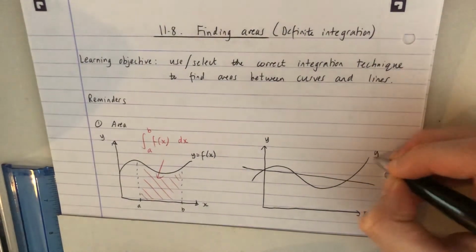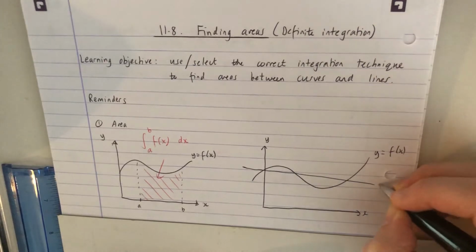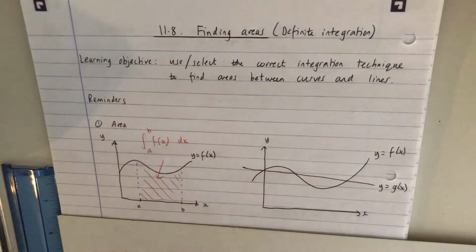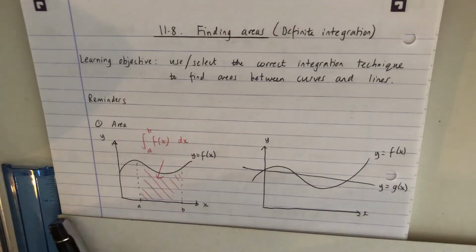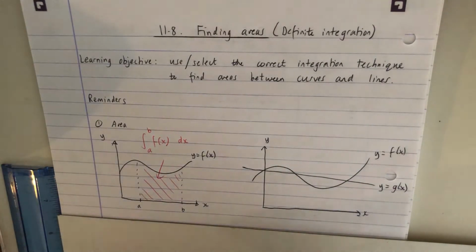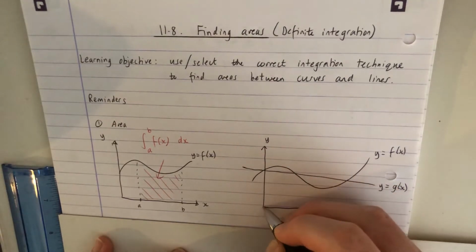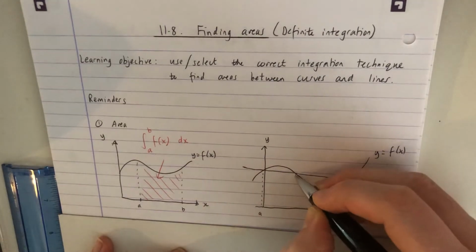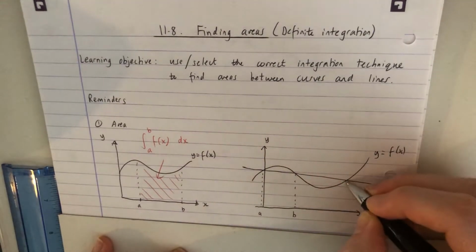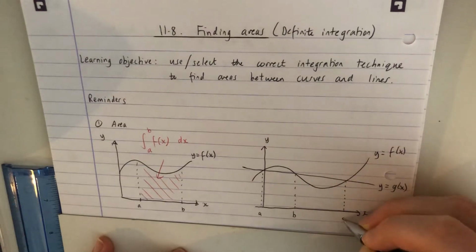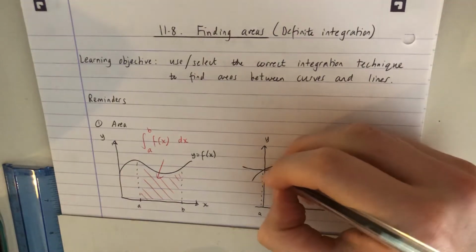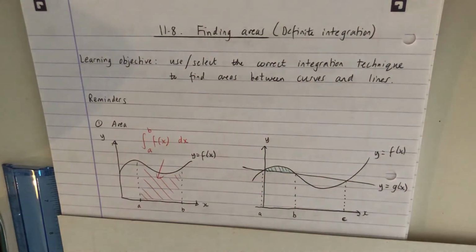So y is equal to f of x is the curve, y is equal to g of x is the straight line. The key things you'd have to know are what these intersections are. I'll call that one A, that one B, and that one C. If I asked you to work out the area of that region there, any ideas on how you would do it?